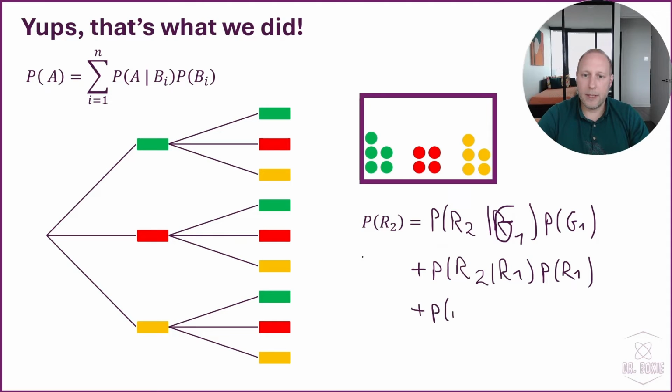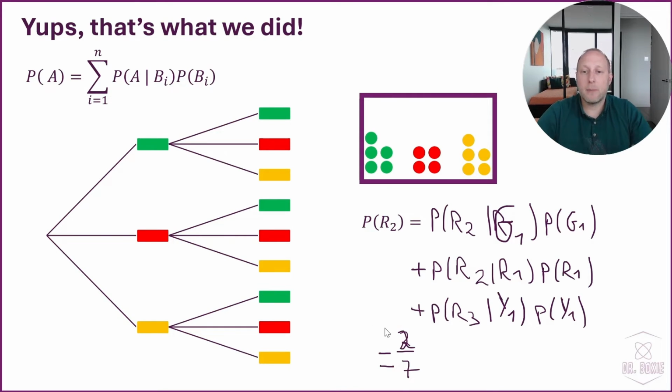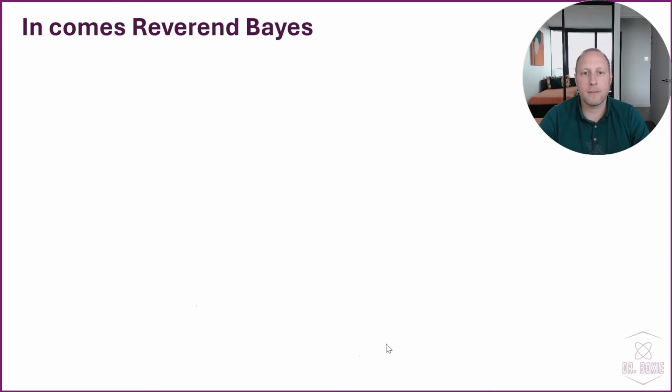Plus P of R2 given Y1 times the probability of Y1. That is our B3. And filling in those numbers just like we did 2 or 3 slides ago, we find that it is 2/7. So that is exactly what we did in the previous slide, but now we see that there is a more general expression, a more general theorem behind it.